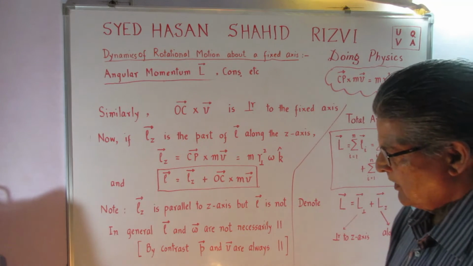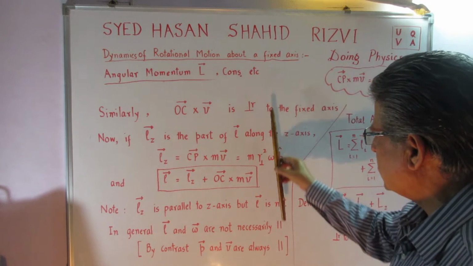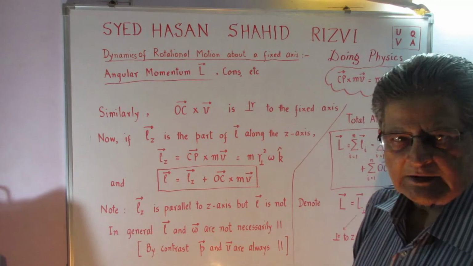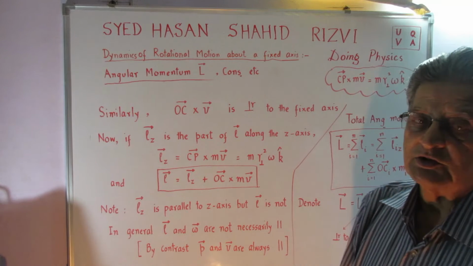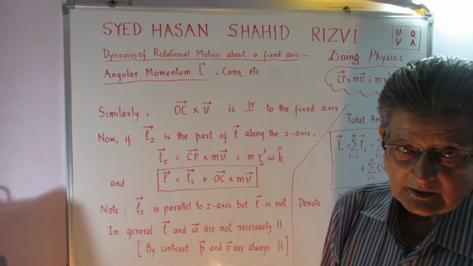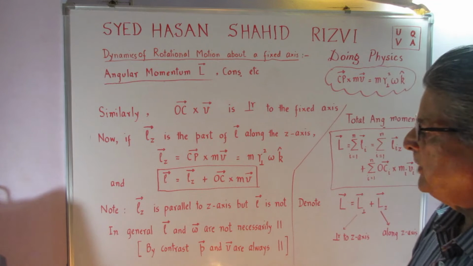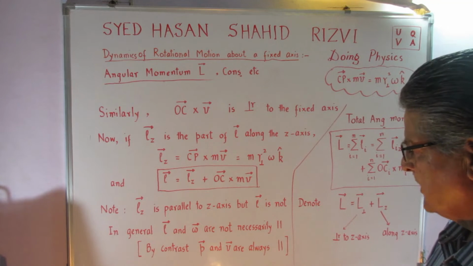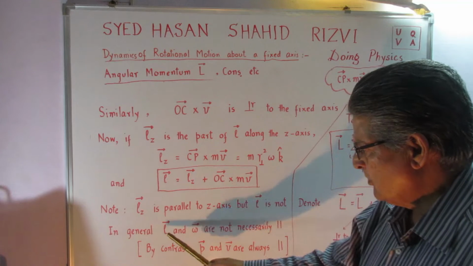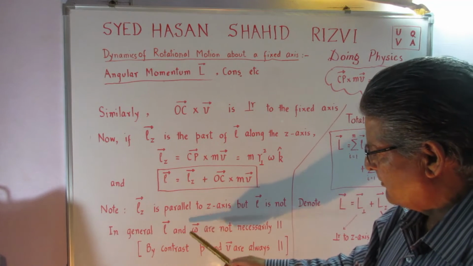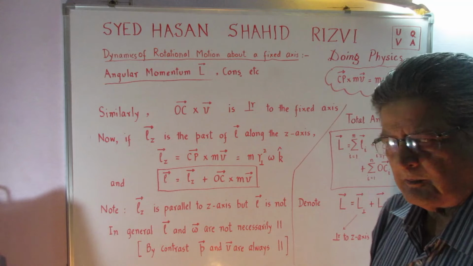We must note that Lz is parallel to the z axis, but L is not. That is, their directions could be different. In general, the angular momentum and the angular velocity omega are not necessarily parallel.